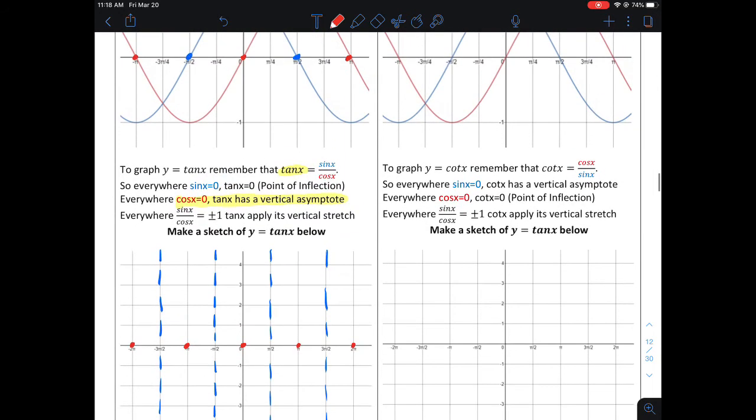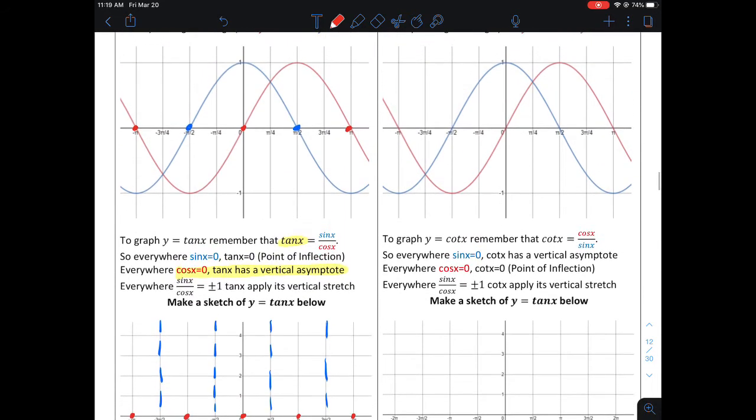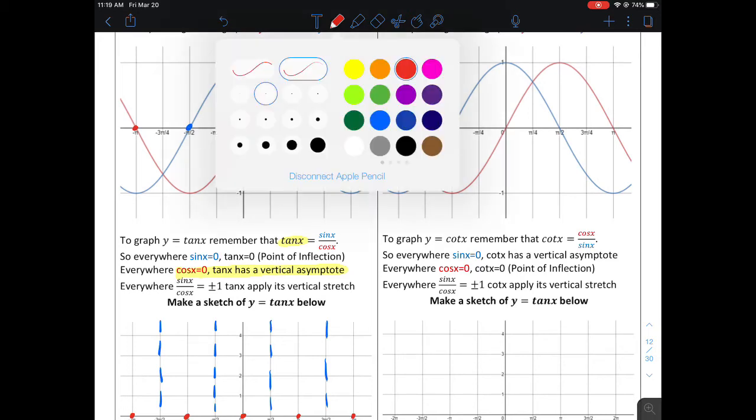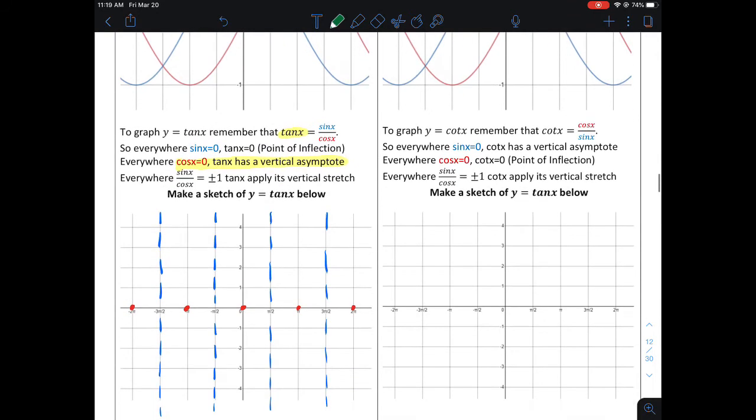And now I want to go through and sketch the behavior of tangent. Now, tangent is the quotient of sine and cosine. At pi over 4, tangent equals 1 because sine and cosine equal the same value. So at pi over 4, I'm going to have to kind of eyeball about where that is. Tangent's going to equal 1.